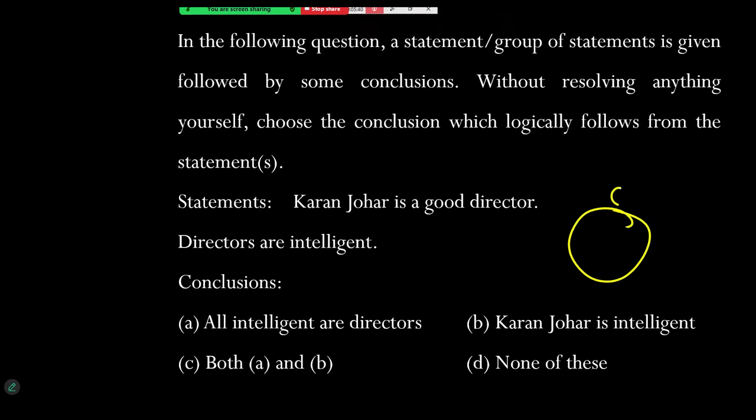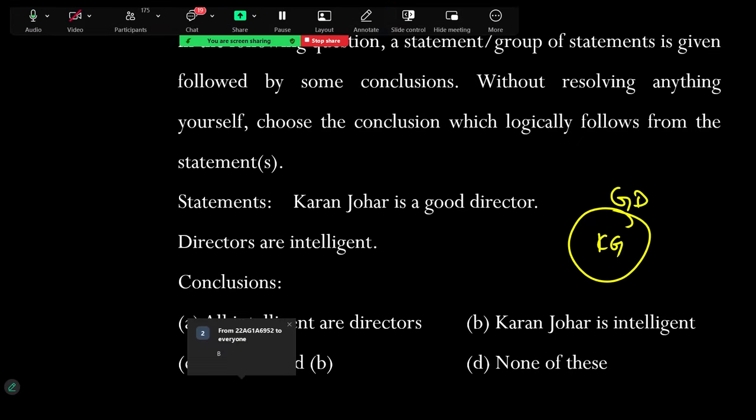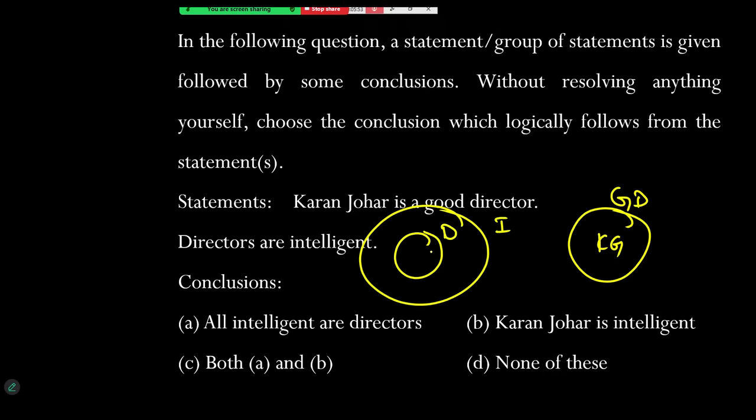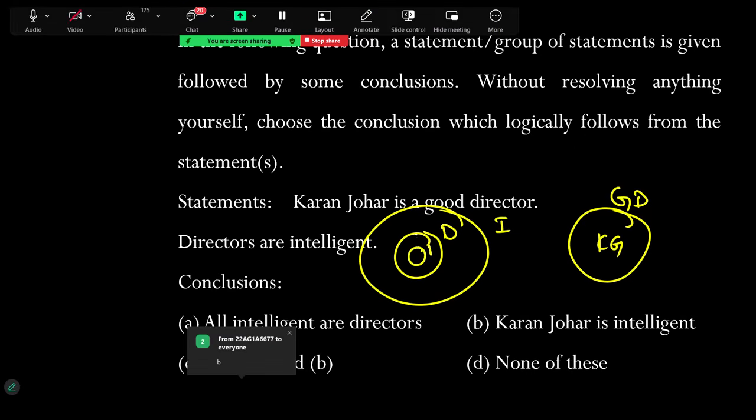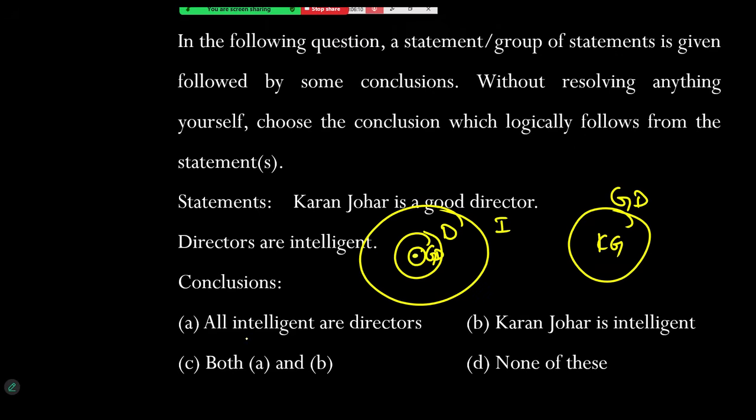So among good directors, Karan Johar is one. Directors are intelligent. Good directors will definitely be a part of directors only. Yes or no? Good directors means they must be a part of directors, and Karan Johar is one among them. So Karan Johar is intelligent is what I can consider. All intelligent people are directors, we cannot say. Directors are intelligent, okay, but we cannot reverse it, right? So that's not good. So check.